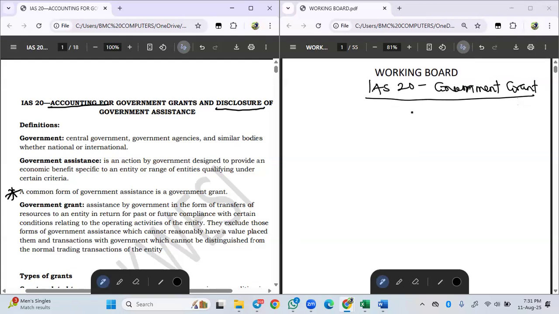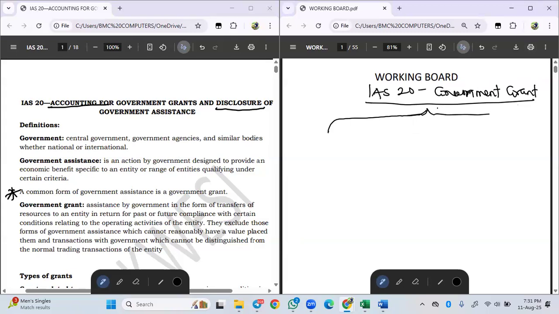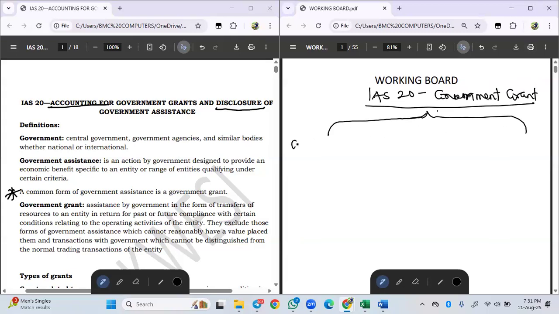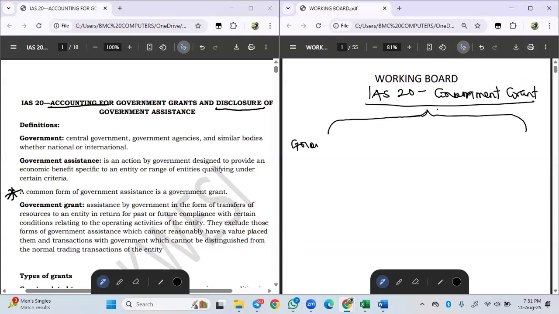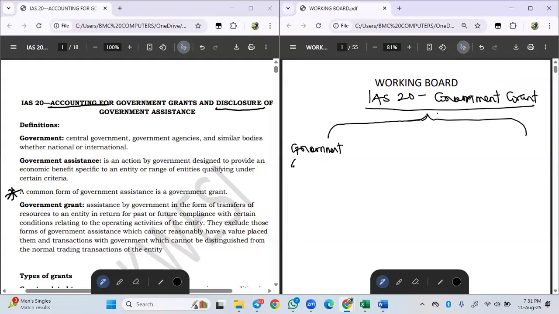Okay, so first we have the government grant. This one will be the assistance, and this one will be the government grant.